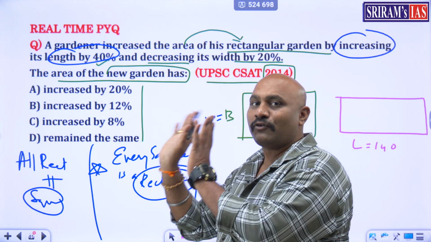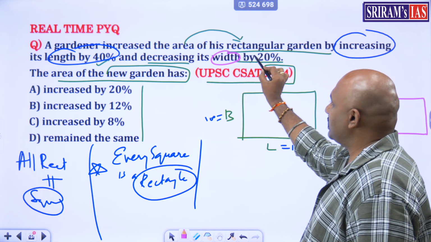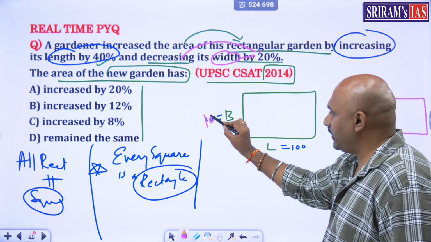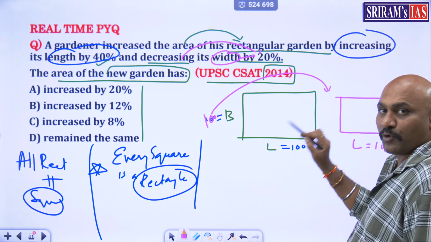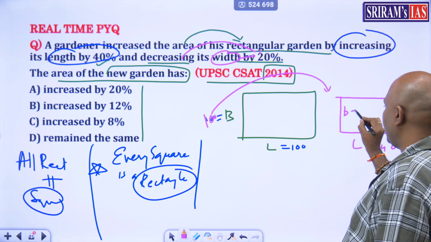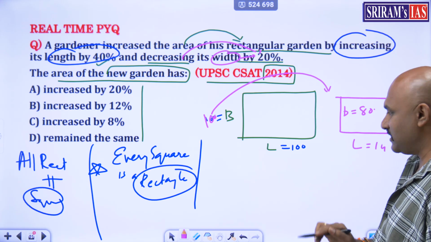Similarly, the breadth, that is width, was decreased by 20%. Previously it was 100, now it became smaller, less by 20%. So the new breadth is only 80 units. As simple as this.